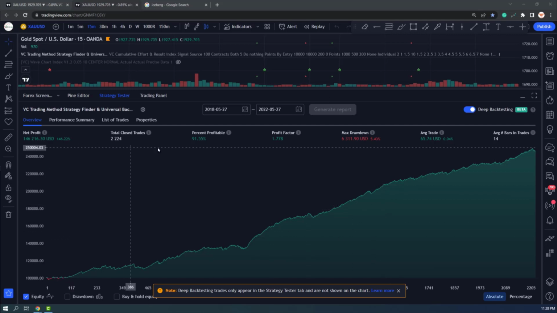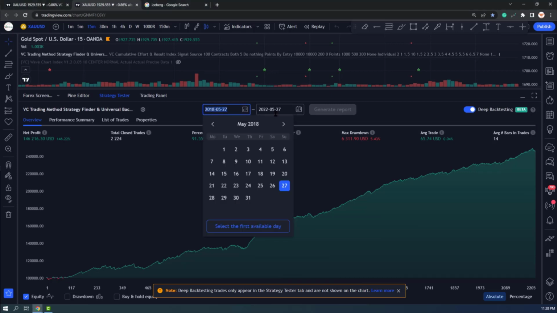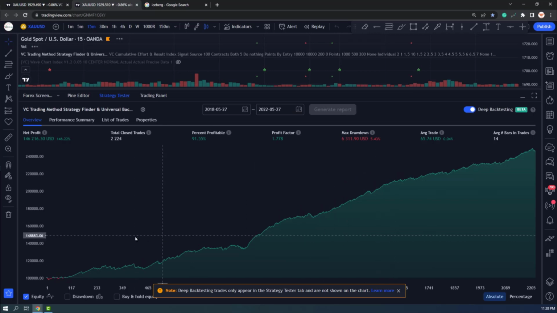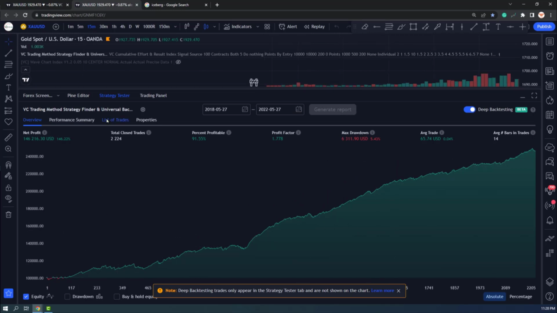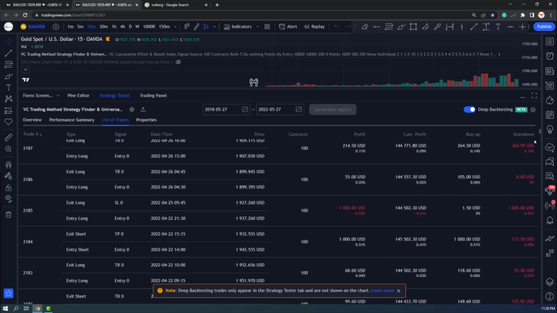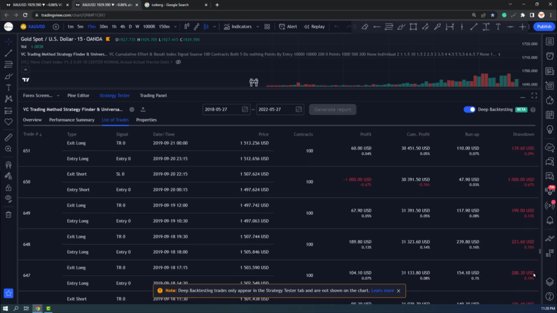You can see here, this backtest is from 2018 till now, and see the results. You can also go to the list of trades, each and every trade.